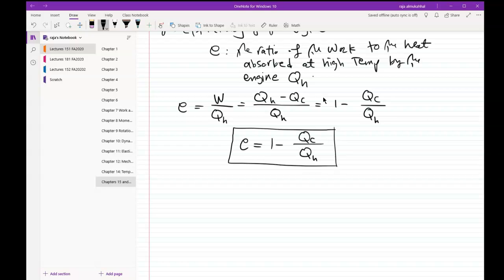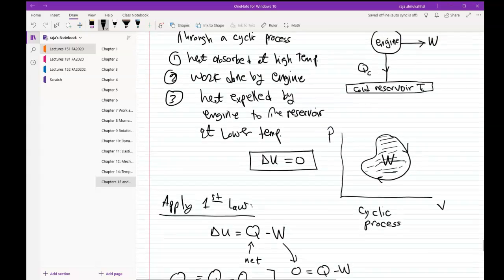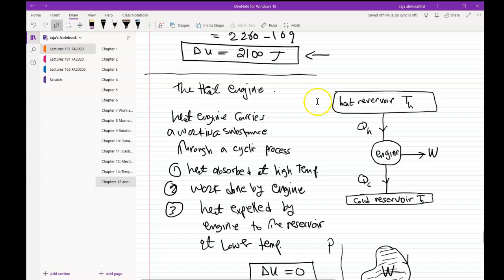Think about it. Imagine if Q sub C is equal to 0. So let's go back to that diagram. Imagine that every joule of energy that is absorbed from the hot reservoir into the engine is used to get the car to move, and no expelling of that.